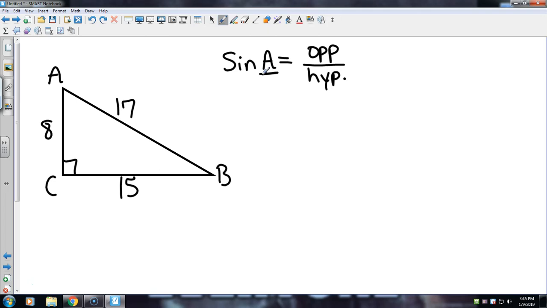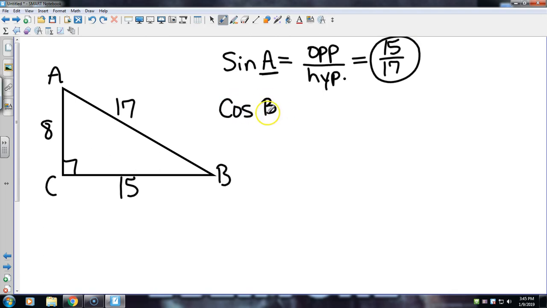So if I go to angle A, which side is opposite angle A? And that's going to be 15. And the hypotenuse of this triangle is 17. So the sine of angle A is 15/17. Don't need to make it a decimal, don't need to do anything else. We're just finding what that actually is.